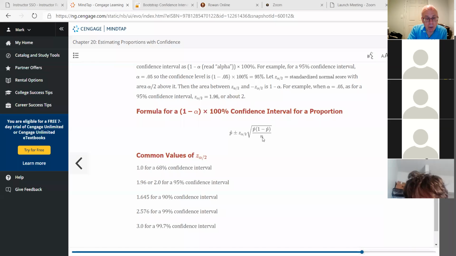Now, if we want a narrow confidence interval, we either want Z here, which is the level of confidence, by the way, small, because then we're adding and subtracting a smaller number here, or we want a big N. N is the sample size.